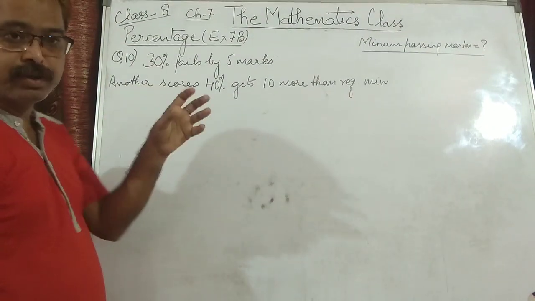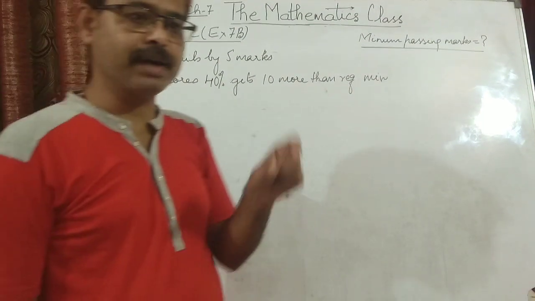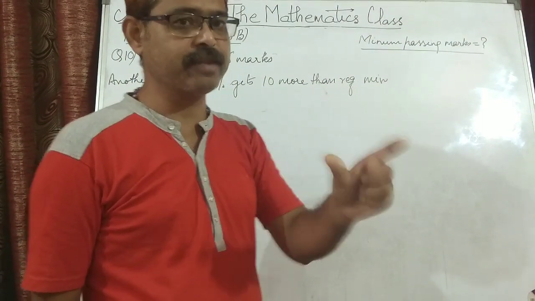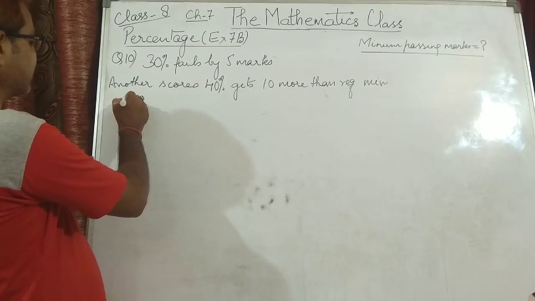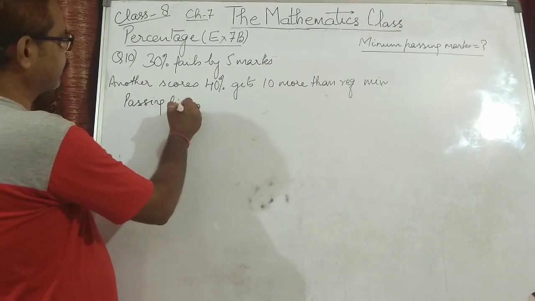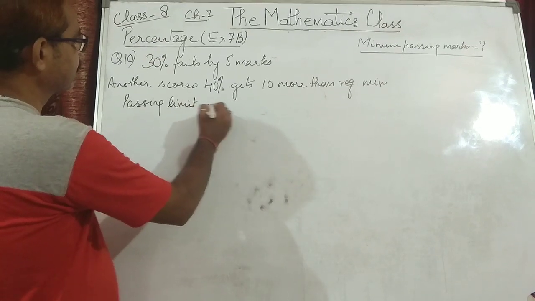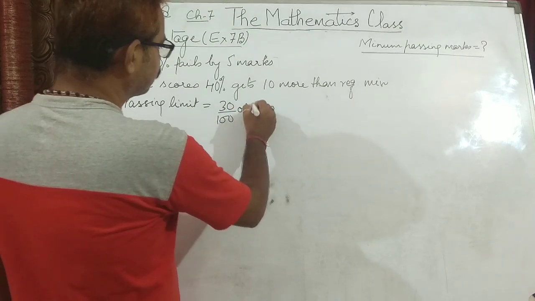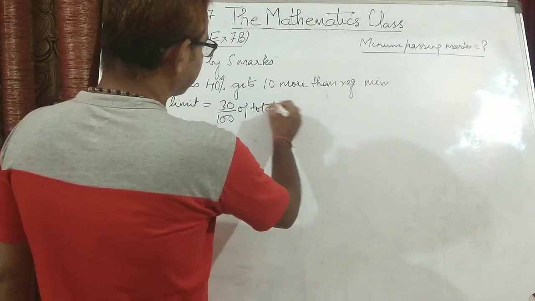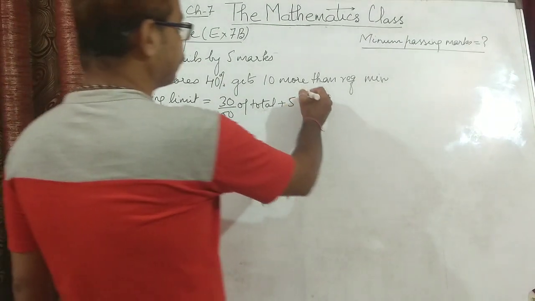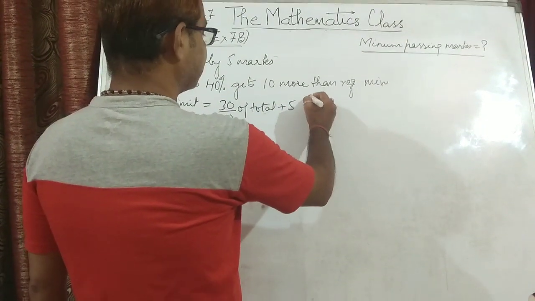Means a person who is getting 30% of marks is failing by 5 marks. If he would have got 5 more marks, he would have passed. So the passing limit will be, in the first case, 30% of total plus 5 marks more.